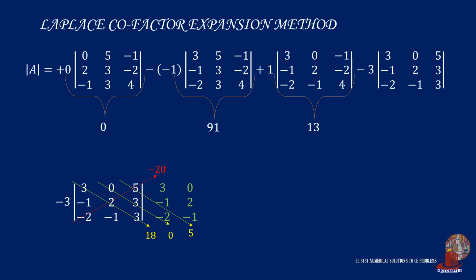Then the second product comes from -1 times 3 times 3, giving -9. The last has 3, -1, and 0, coming up as 0.